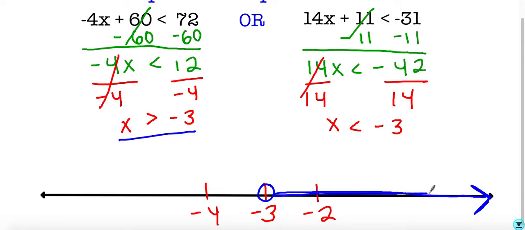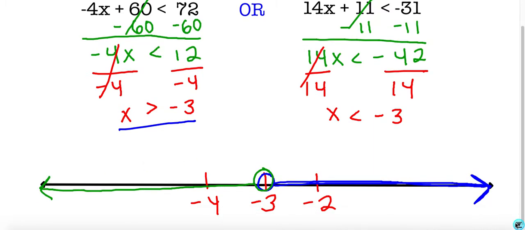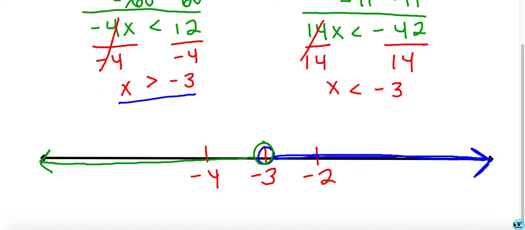And now if I look at my other inequality, where x is less than -3, it's again an open circle on -3, and because it's less than, I'll shade to the left. Now, by looking at our inequality and our number line, it looks like almost all real numbers are included.